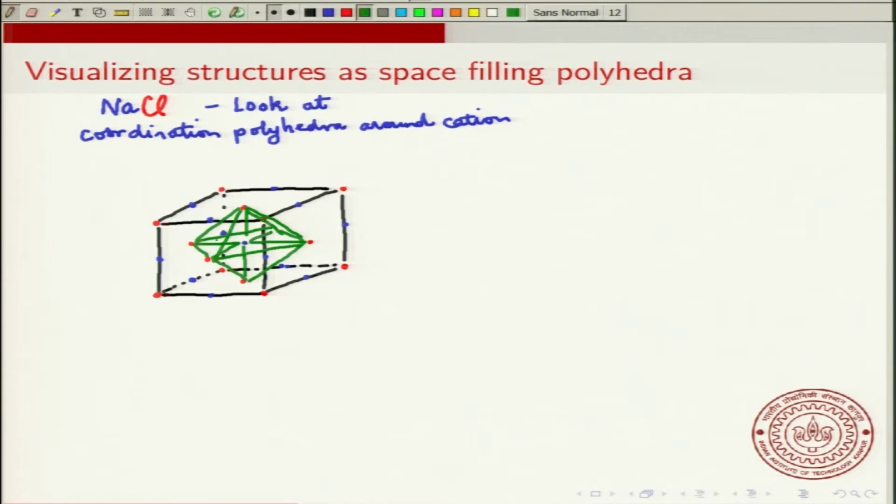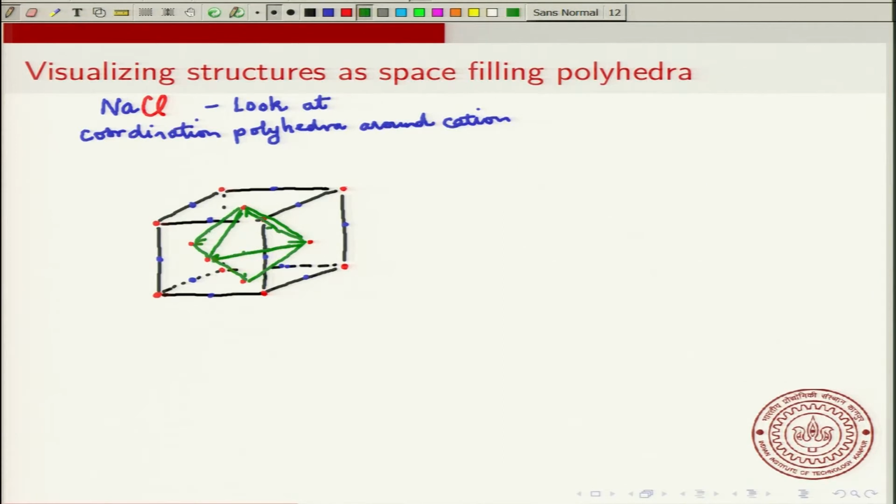Clearly it is an octahedron that is formed around this, and let me erase these lines that are inside just for clarity. This is what this octahedron will look like.